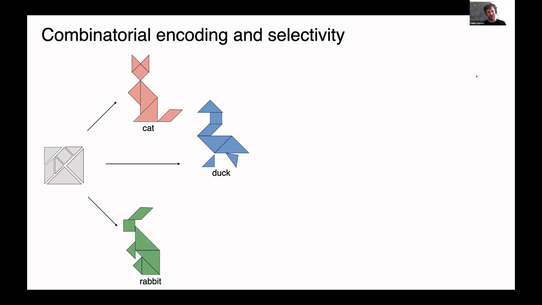Right, so for example, here you have a cat, a duck, and a rabbit. And what you don't want to do is create chimeras like a rabbit-duck here, right? So therein lies your selectivity as a person working in the living room on a rainy day to find where to put each piece, avoiding this type of thing, right?